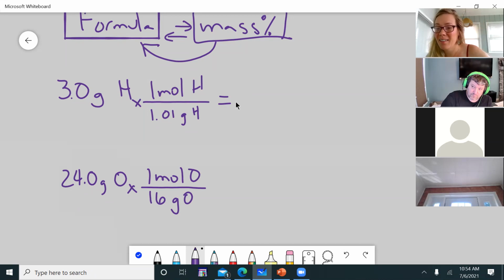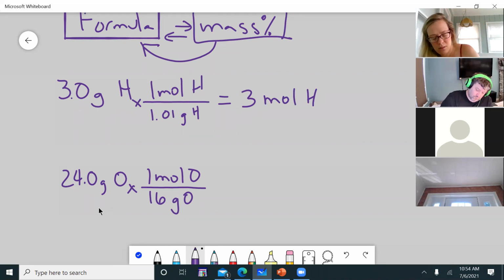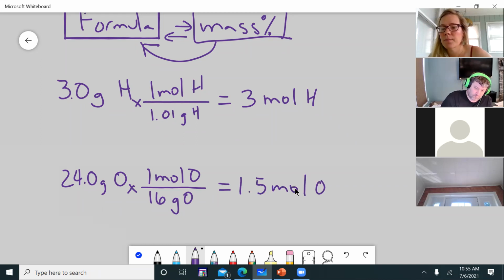If you're within like a tenth, you can just round it. So this is 3. Let's say this is 3 moles of hydrogen. And then 24 divided by 16 gives us what, 1.5, I think? Yeah, gives us 1.5 moles of oxygen.